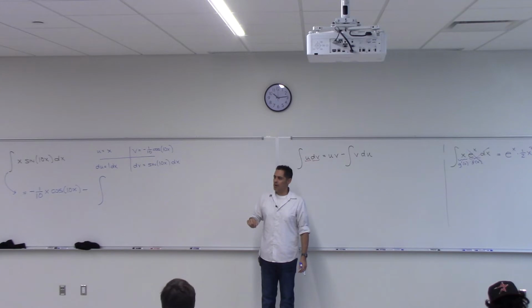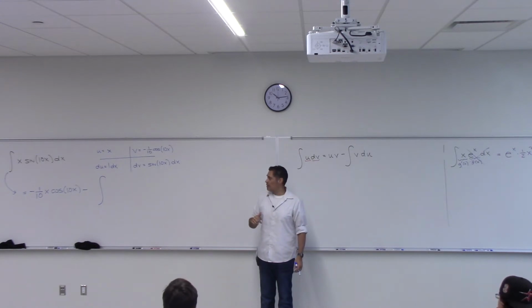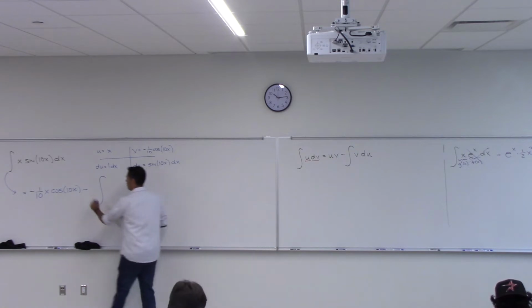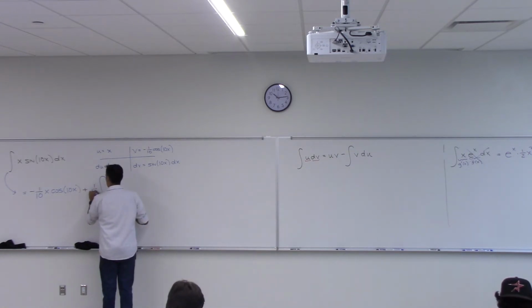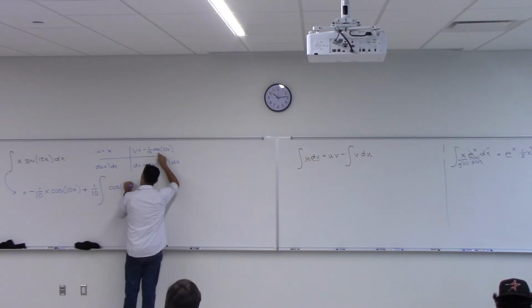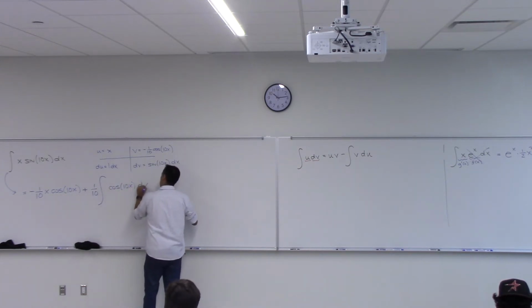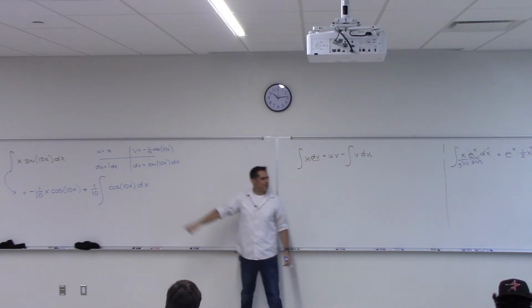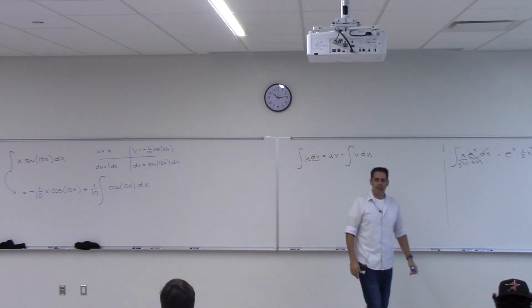Or do you want me to leave it in right now, or can I take it out? What do you want me to do? Take it out? If I take it out, what's going to be in front of that integral? Plus 1/10. And now I still have the cosine 10x, don't I? And I had the 1 dx, so I'm just going to put dx back here. Any questions on why that became a plus 1/10? You're all right?